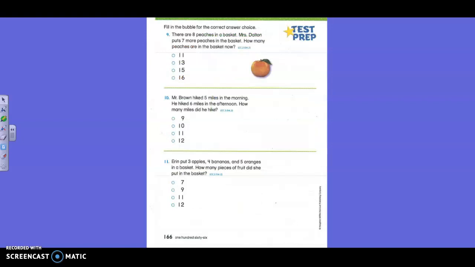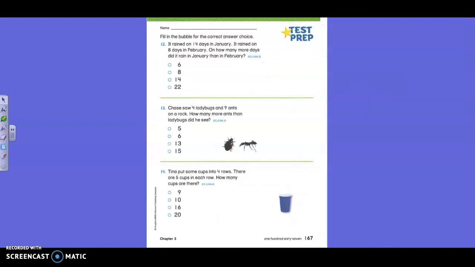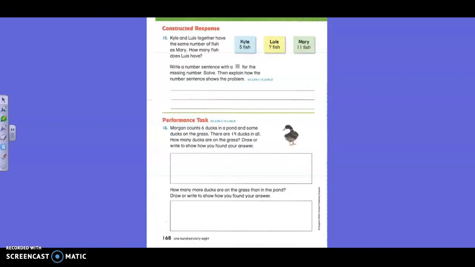Okay, then you have some more word problems. So find the answers. There's not that many. We will do this side together. Okay? So let's go ahead and do this real quick.